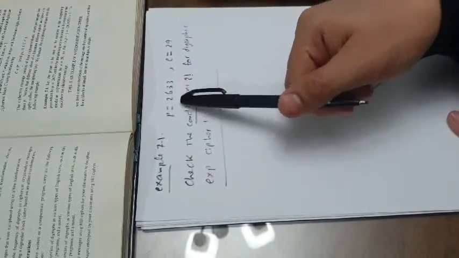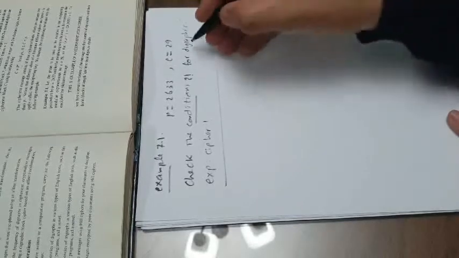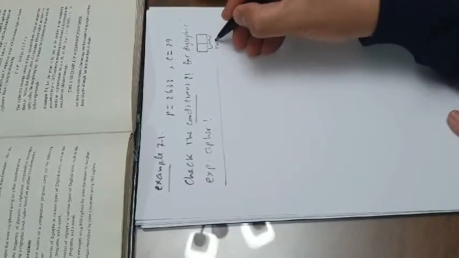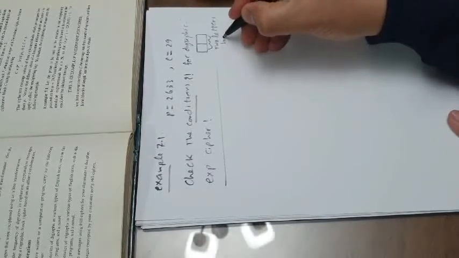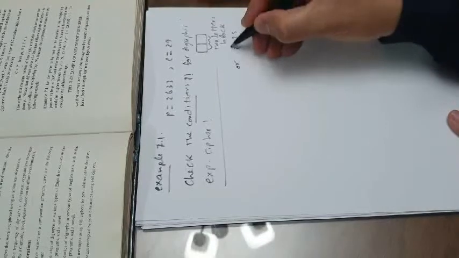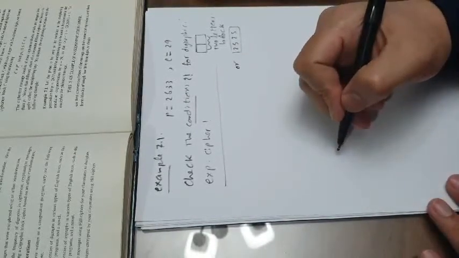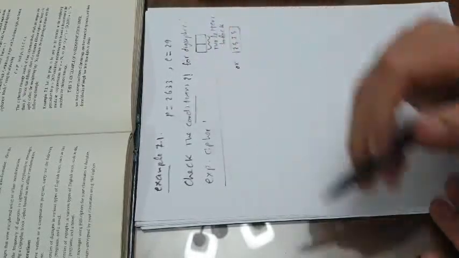The question means, is this a correct prime number which enables us to do digraphic, meaning blocks of 2 letters, or in equivalence 2525, and whether E is relatively prime to P minus 1.